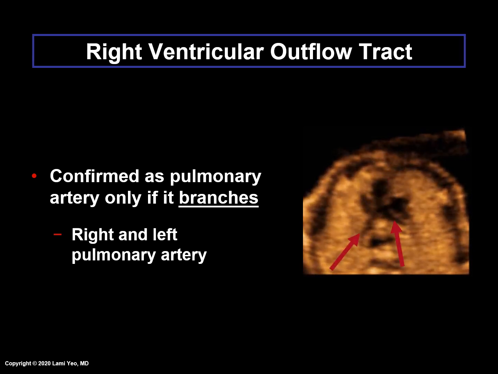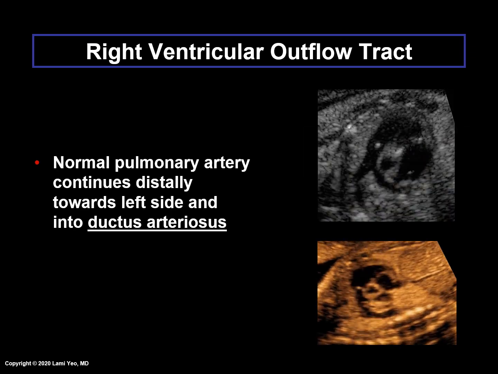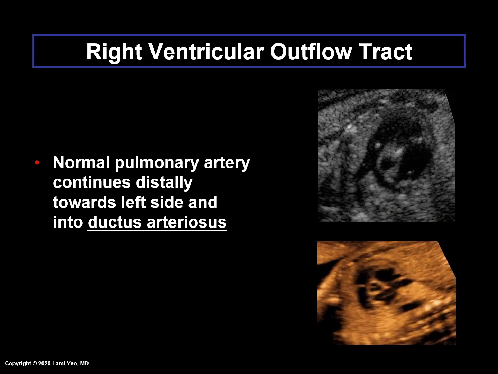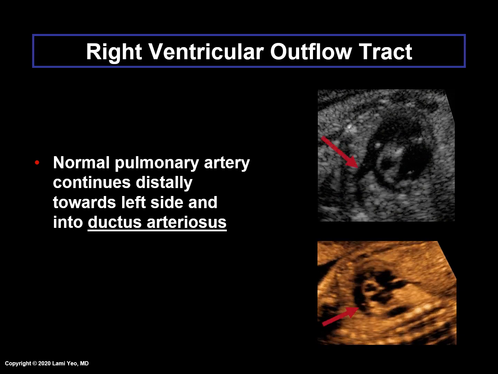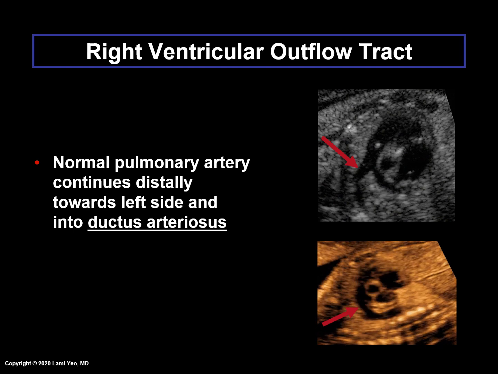Here, the artery is seen branching into the right and left pulmonary artery. The normal pulmonary artery continues distally towards the left side and into the ductus arteriosus, which is shown by the red arrows.